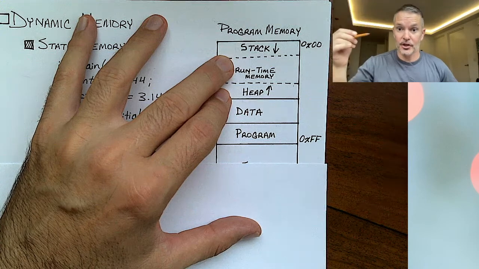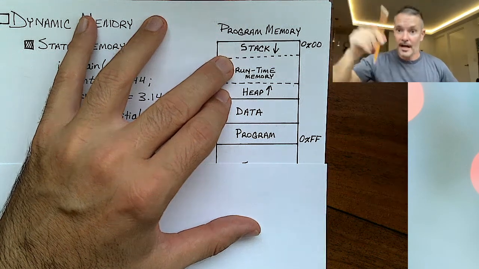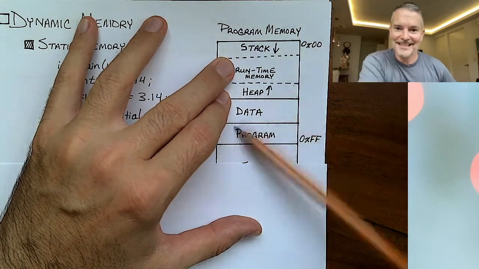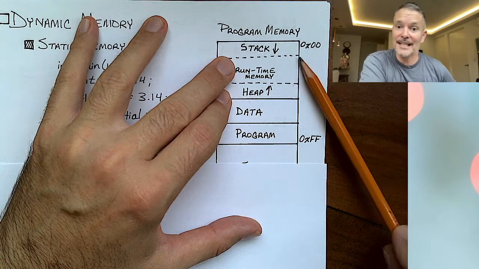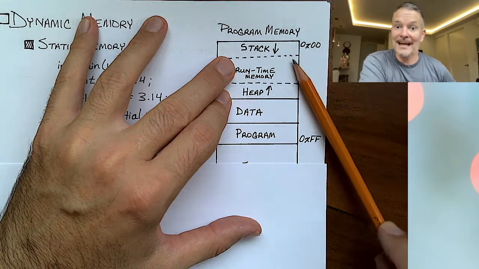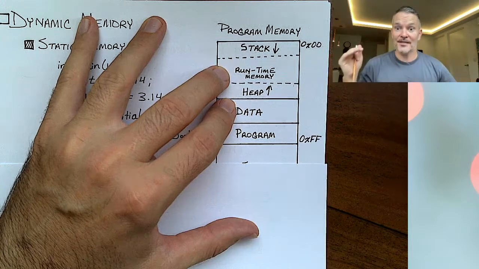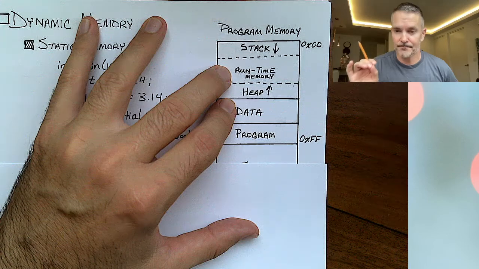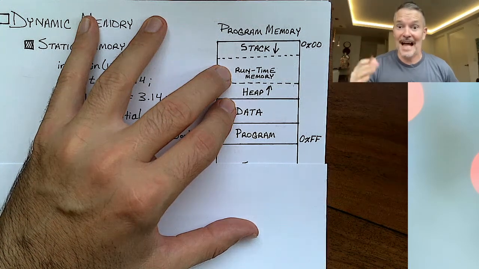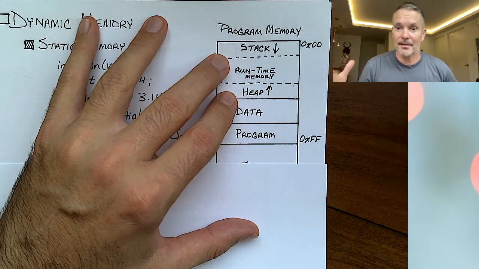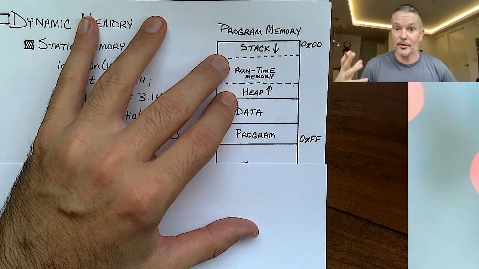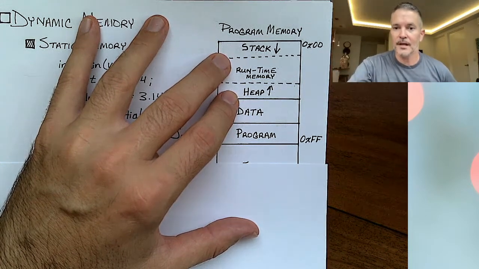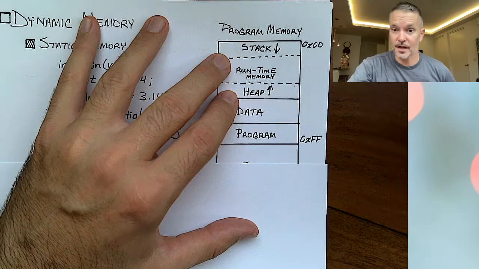If I call one function, and then within that function I call another function, and then within that function I call another function, this stack area of memory keeps growing. What is allocated on the stack is space for the variables that will only exist inside the scope of the function. This is called the stack memory, and it's a kind of dynamic memory that's automatically handled by the computer for you as your program calls into the different subroutines and functions that you've defined.